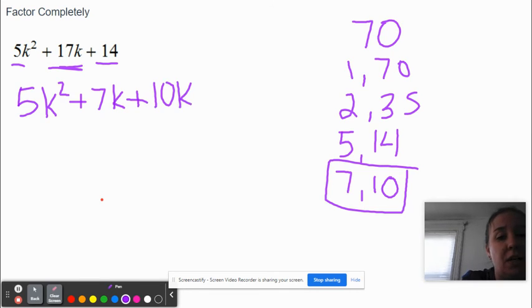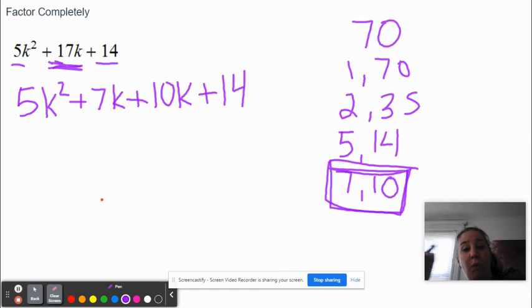So we're using these magic numbers to break down 17, and we have not changed anything, right? Because 7 plus 10 is 17. So we're just breaking that down into the proper place. And I do have some kids ask, well, what if I put 10k plus 7k, like I have it reversed? It's fine. It doesn't make a difference.